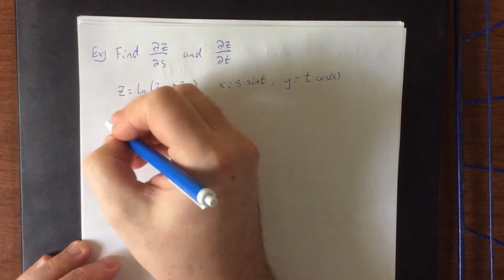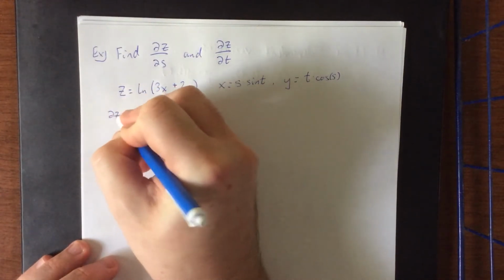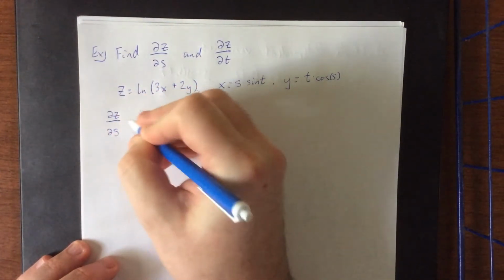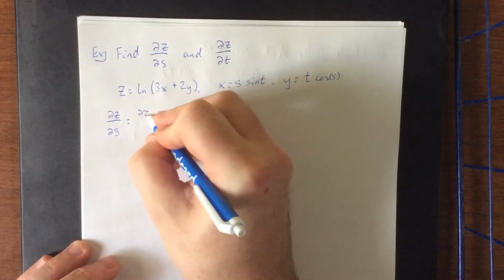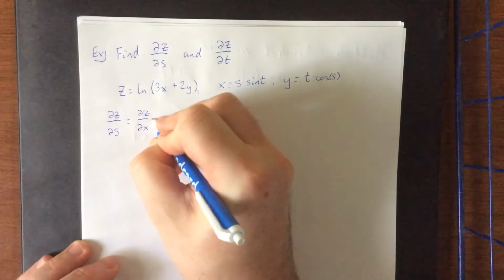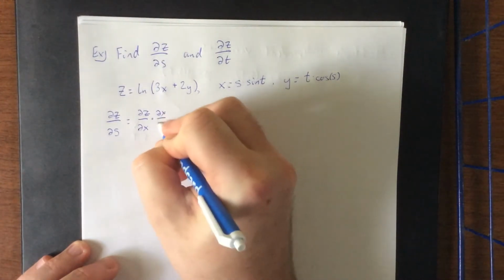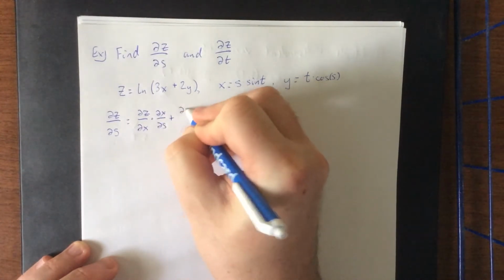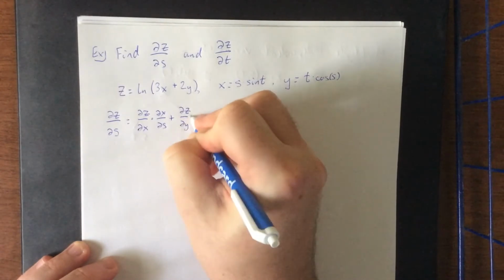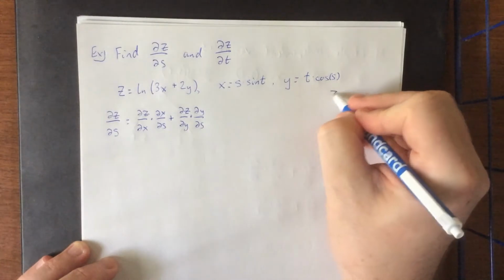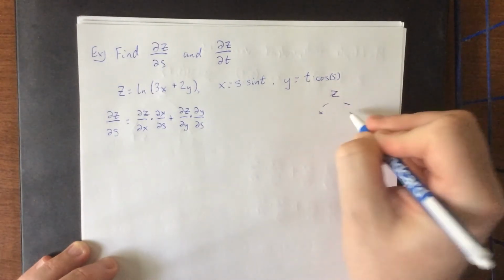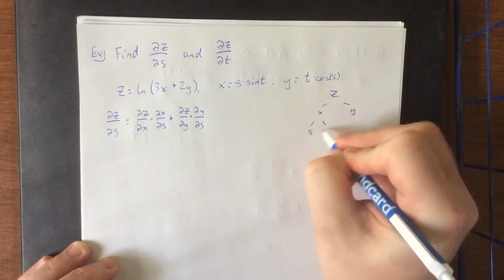So what we'll do is start by copying down our expression for the partial derivative of z with respect to s. We said on the previous page we can go from z to x and x to s, or we can go z to y and y to s. Or if we wanted to, we can draw a tree diagram to help us visualize.